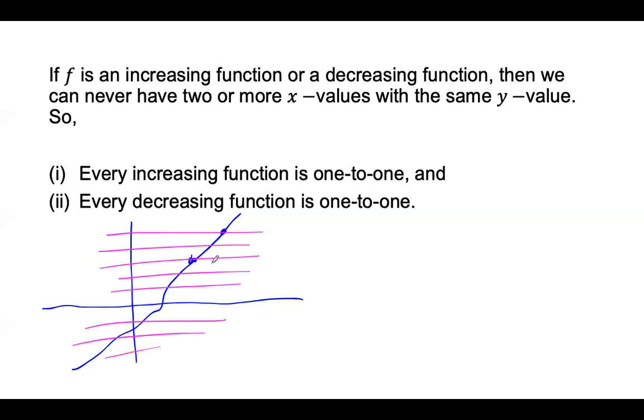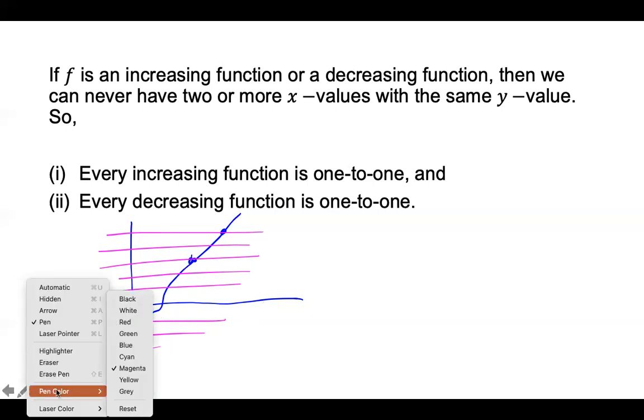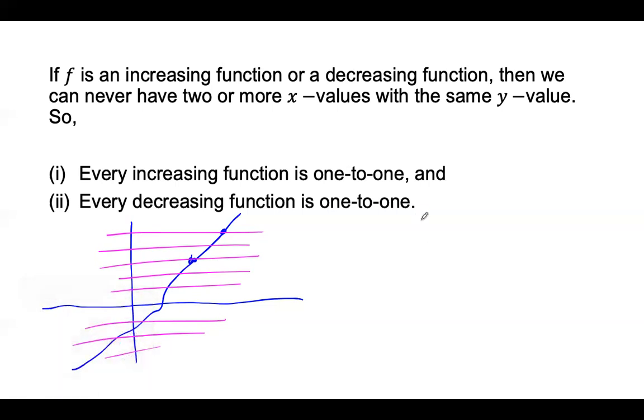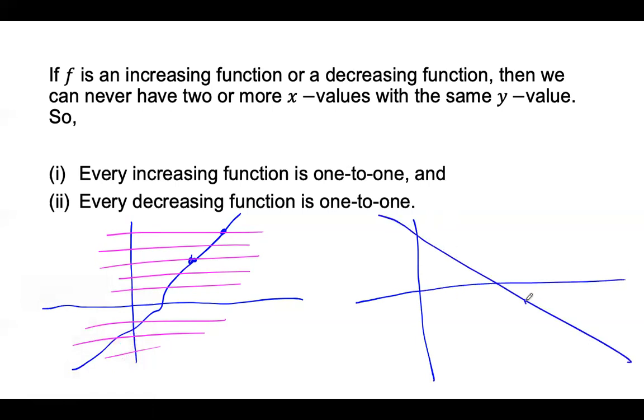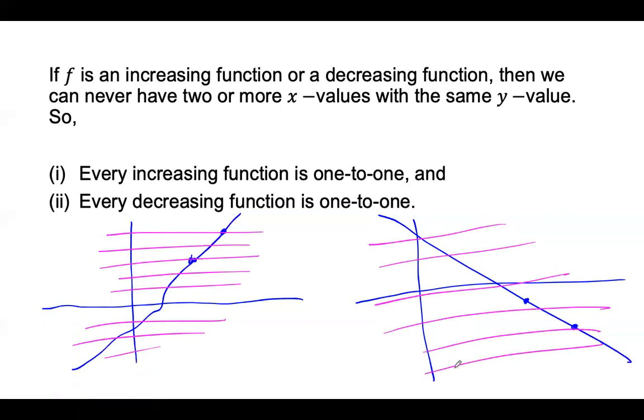So they pass this horizontal line test. And then we could of course draw it for decreasing. Let's say you pick 2 points, it's going to pass that horizontal line test. So this decreasing function is therefore 1 to 1.